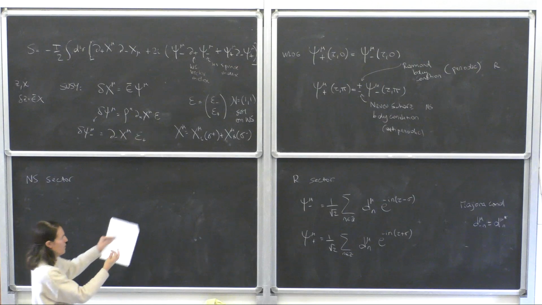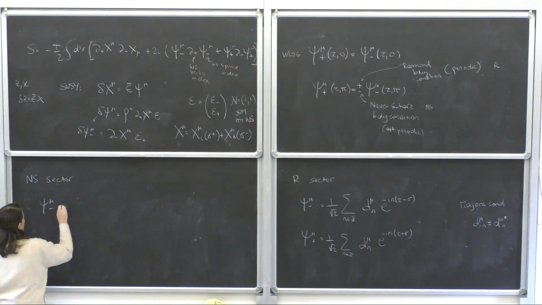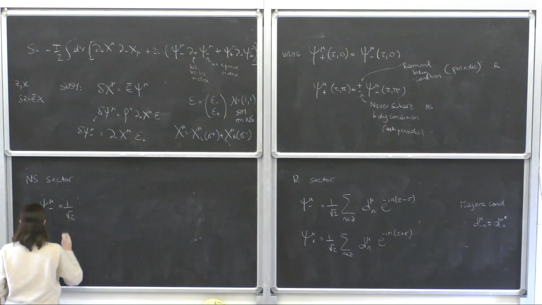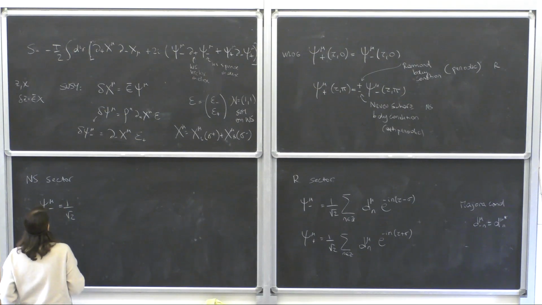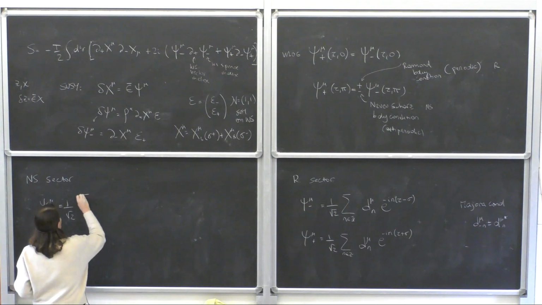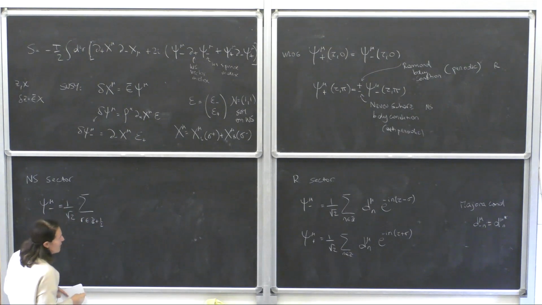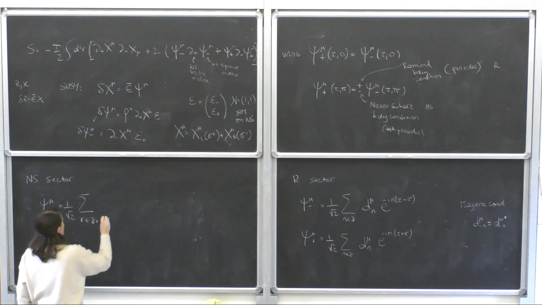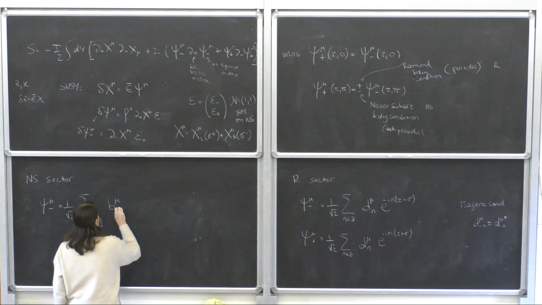So with NS boundary conditions, psi mu minus is 1 over square root of 2 times a sum over r, where the half integer modes are called r, and Becker-Schwarz choose a different notation for these operators.